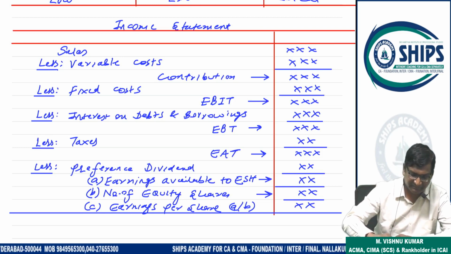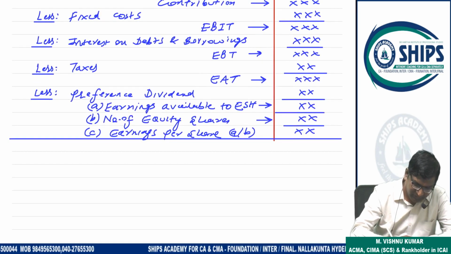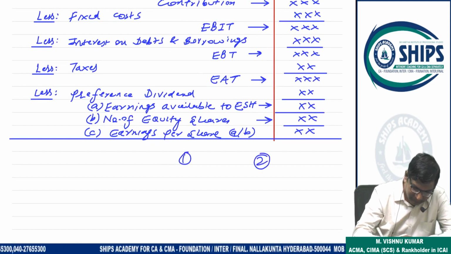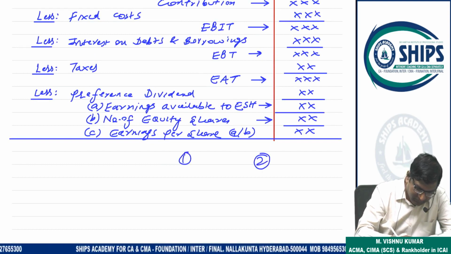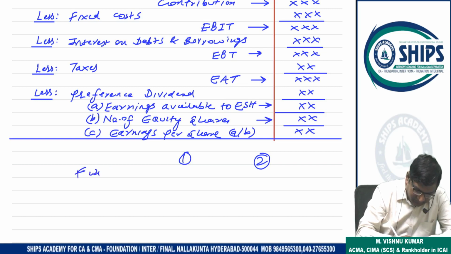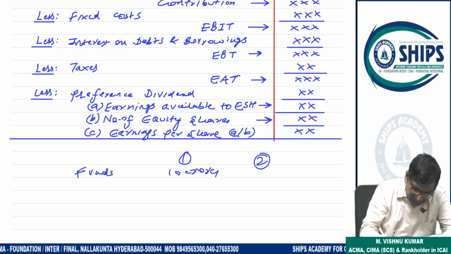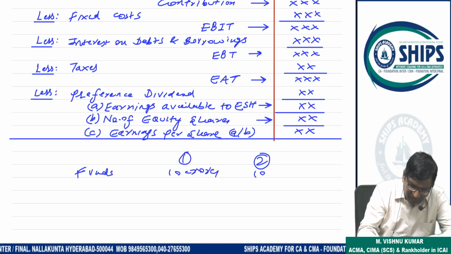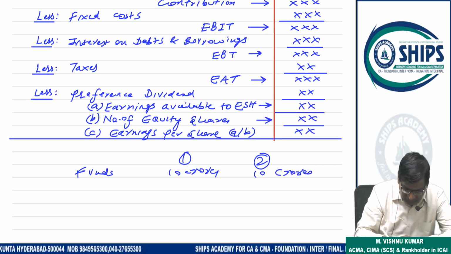See, suppose one company is there. In this company, total funds required is 10 crores. In this company also 10 crores. I am giving two situations for the same company. Situation 1, situation 2.